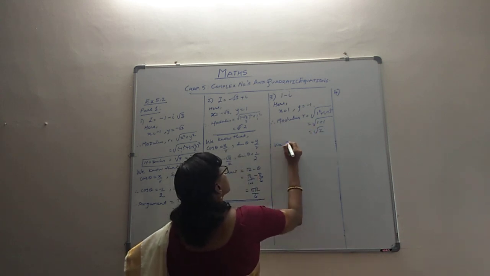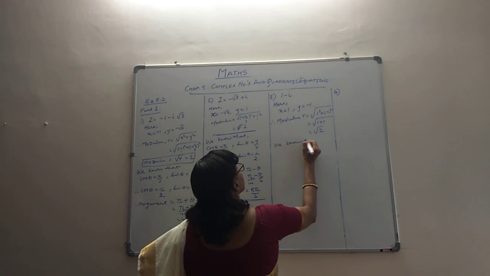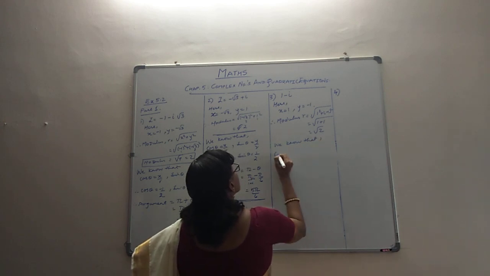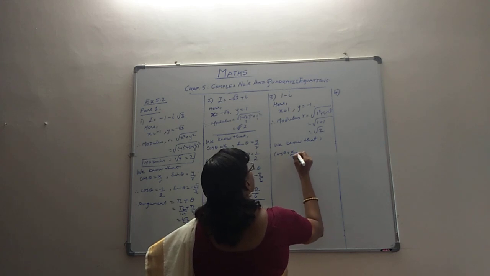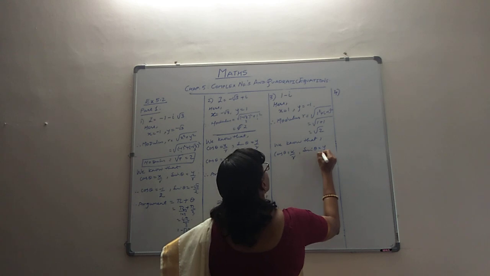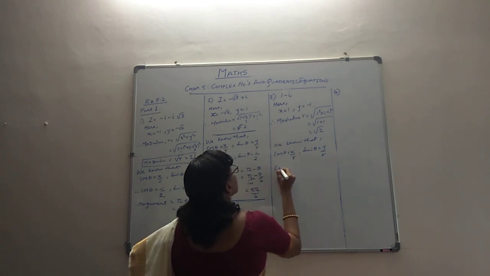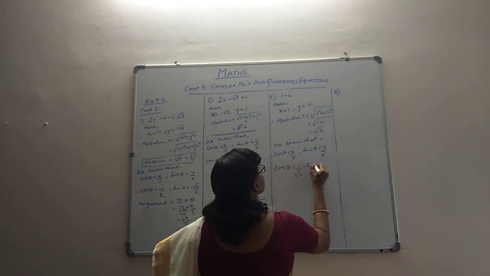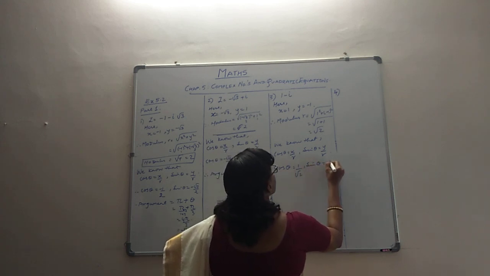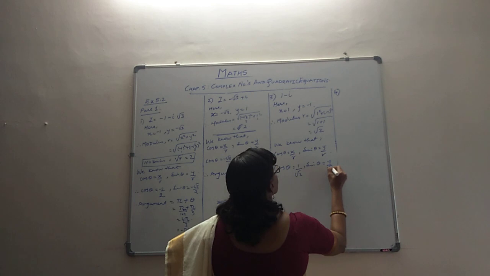So we know that cos theta is x by r, and sin theta is y by r. So cos theta is 1 by root 2, and sin theta is minus 1 by root 2.